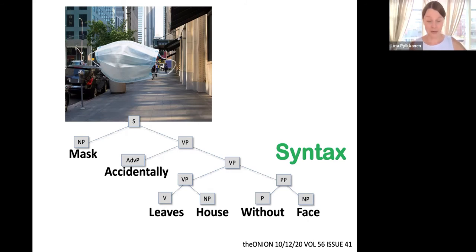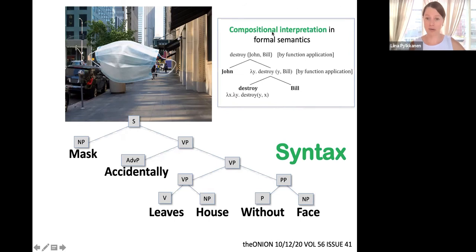And in theoretical linguistics, we have a lot of elaborate theories about exactly how the combinatory semantic system works. I'm not going to teach those theories here now. I just want to give you a bit of an awareness that such theories exist. But we think that semantic interpretation proceeds compositionally.